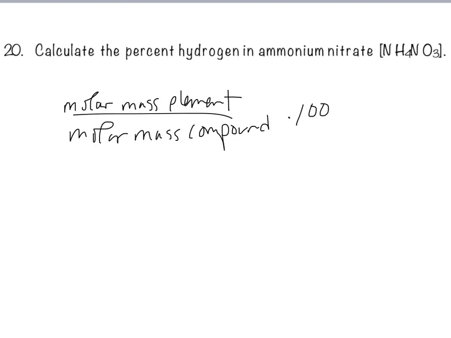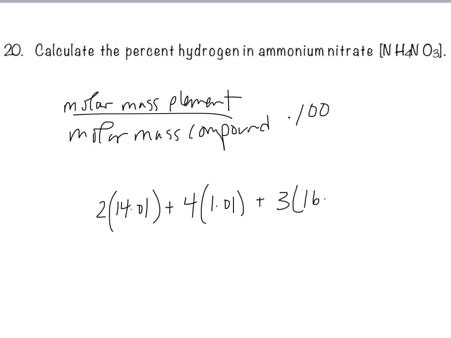I want to find the percent hydrogen in ammonium nitrate. So first off, let's see, there are 2 nitrogens, each at 14.01, plus, let's see, 4 hydrogens, each at 1.01, plus there are 3 oxygens, each with a mass of 16.